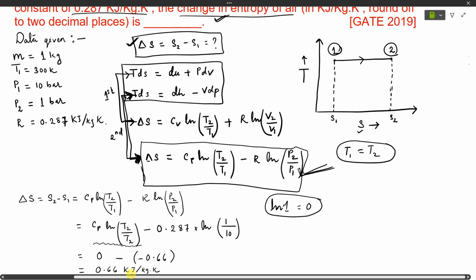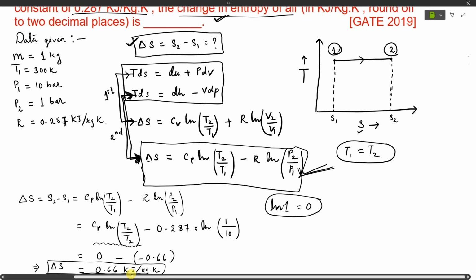So we can say that the value of change in entropy for air is equal to 0.66 kilojoule per kg Kelvin. This is the final answer.